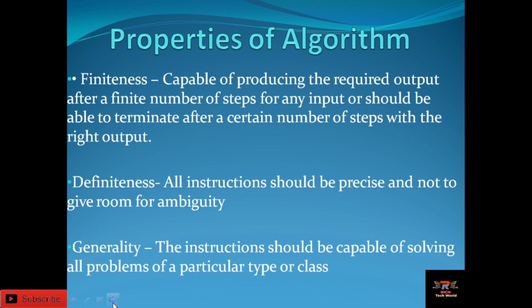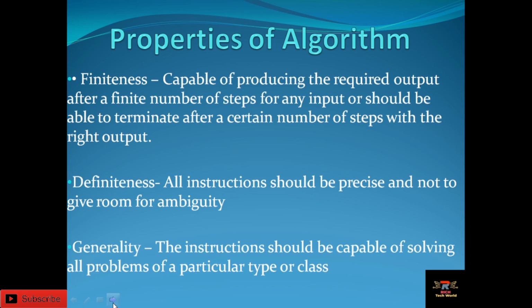For instance, if you are writing an algorithm which finds the average age of students in a particular class, your algorithm should be able to do so. It should be able to find the right average age of the students in that particular class. If not, then that is not an algorithm.